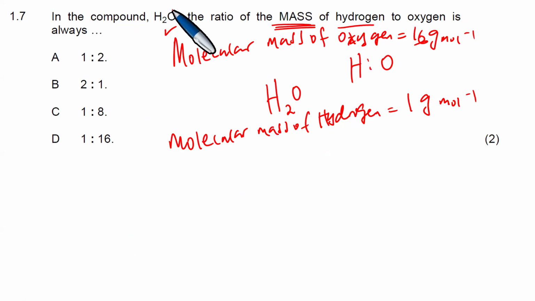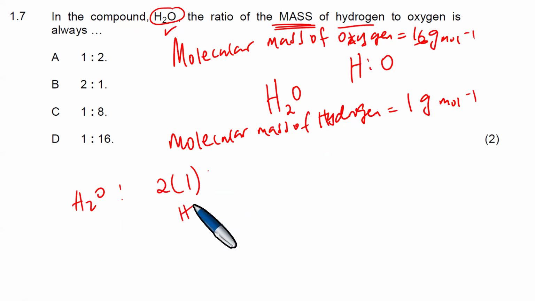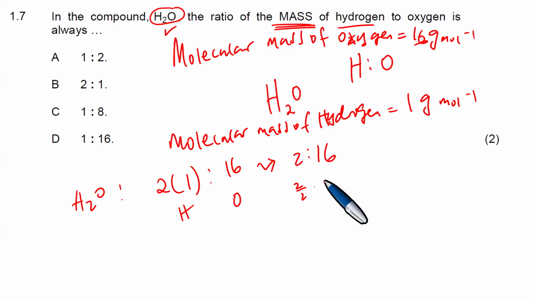Because now, if you look at H2O, what do you think? 2 times 1 for hydrogen, and for oxygen it is 16. So this is the same as the ratio of 2 is to 16. If you simplify the ratio of 2 is to 16, what does it become?